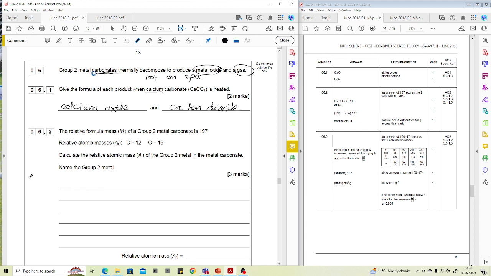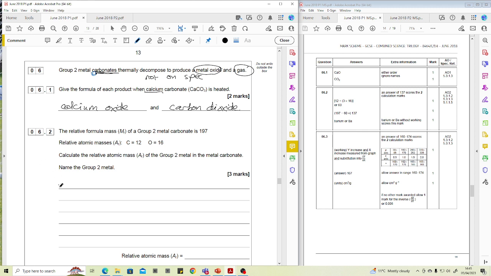Okay, 6.2, the relative formula mass of a group 2 metal carbonate is 197, and it's giving you some relative atomic masses. Calculate the relative atomic mass of the group 2 metal in the metal carbonate. So this is a different question part. It's not calcium again necessarily. Let's find out which it is. So we've got to write a little sum.